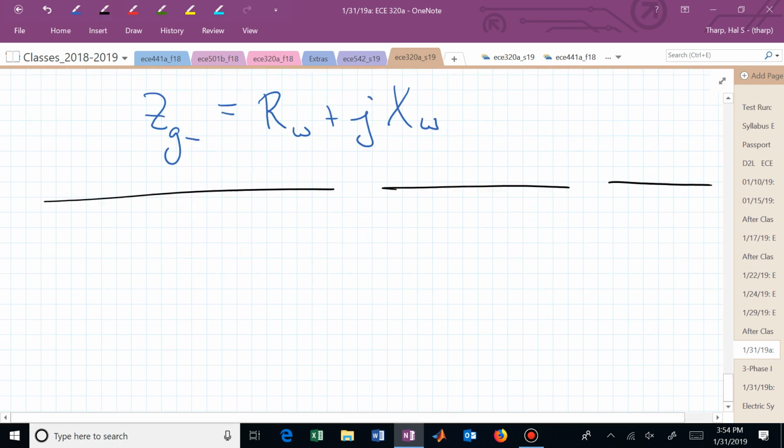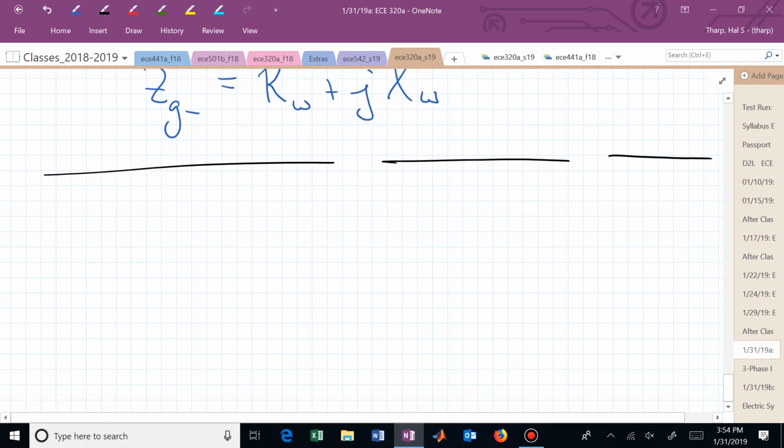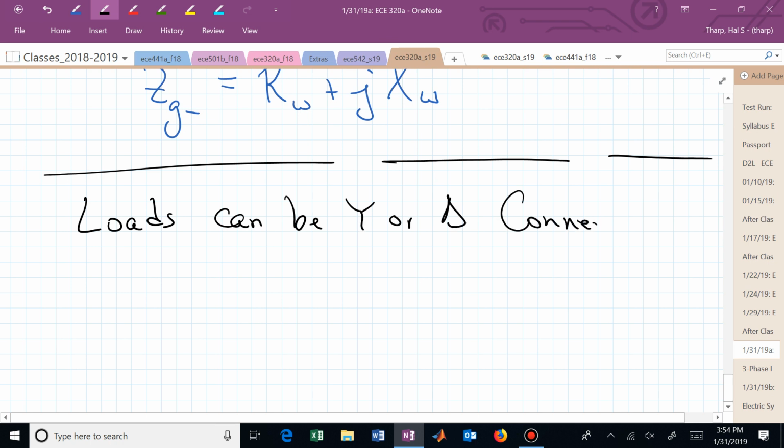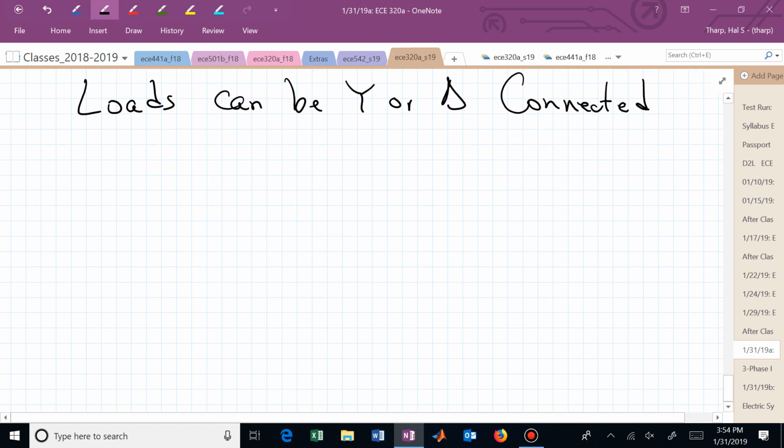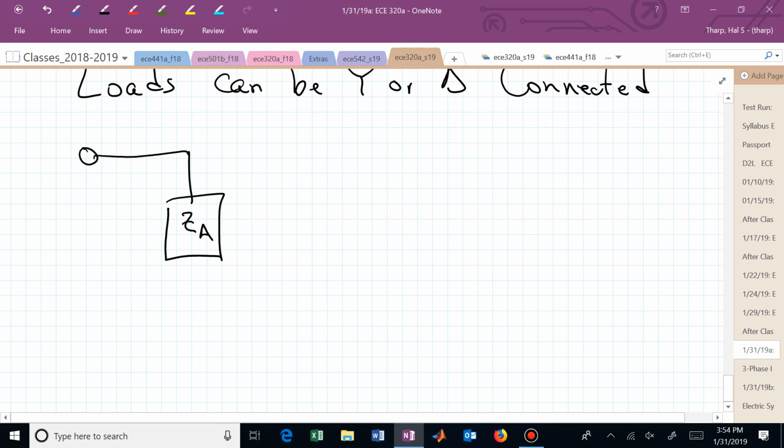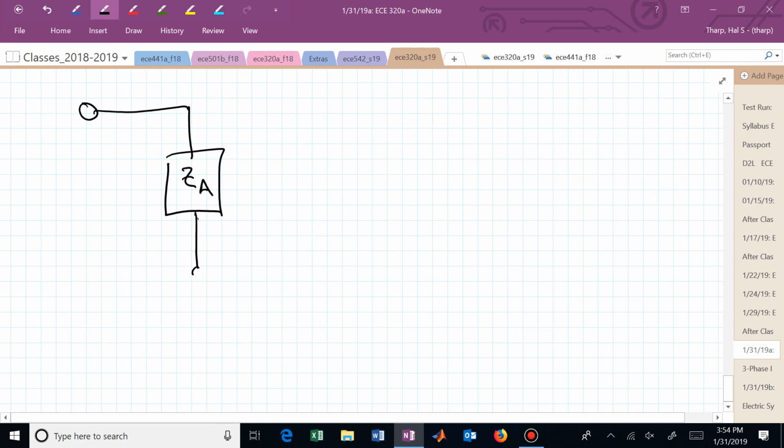The loads are similarly connected. So the loads can be Y or delta connected. There's, let's say, the A phase impedance of the load. This is now a Y connected load.